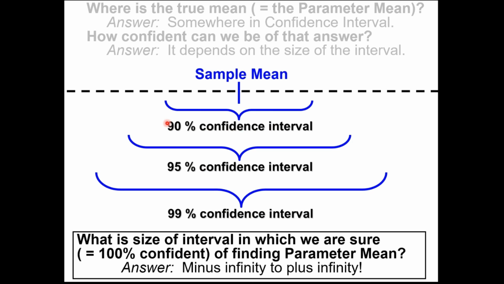And to use this sample to estimate the parameter, we're going to have to quantitate that uncertainty in terms of a confidence. And that's why we talk about percent confidence intervals. So this is part of the formulas.